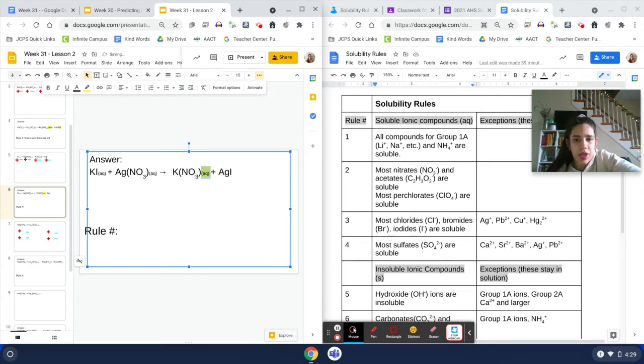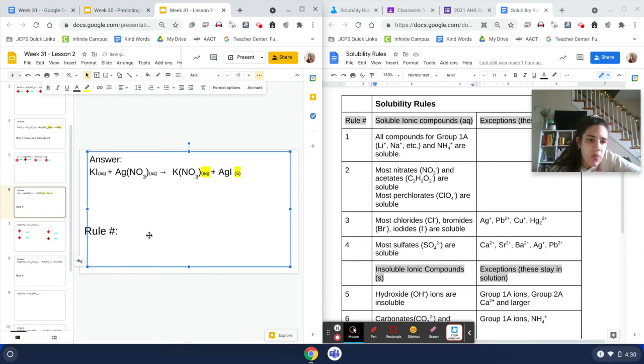Next, we're going to go on to rule number 3 to identify our second compound solubility. We see that iodines are, generally speaking, soluble, but Ag, silver, is an exception to this rule. Since it is an exception to this rule, that tells us that it is solid in water solution.